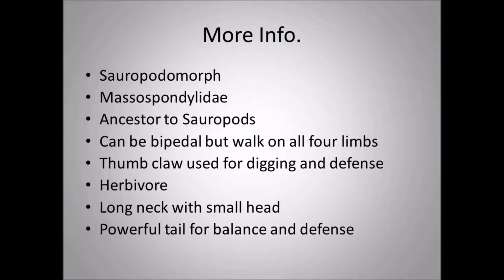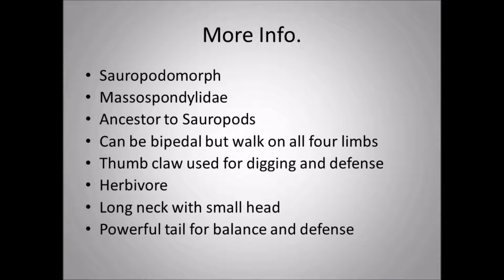More information about Massospondylus. Massospondylus belongs to the group of dinosaurs Sauropodomorpha, and it belongs to its own clade, Massospondylidae. There's a couple of other sauropodomorphs in the same clade as in the Massospondylidae family.